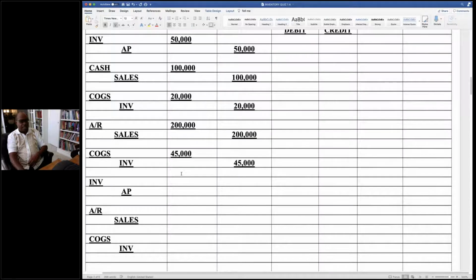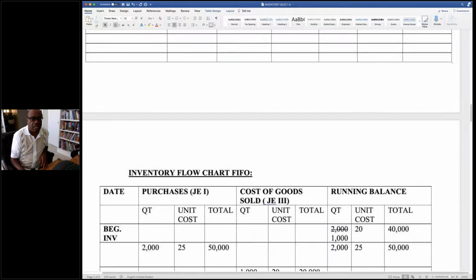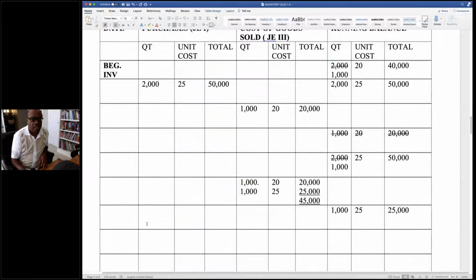Okay, we purchased 4,000 at $30. How much is that? 120. And let's go ahead and put that in the chart. Purchase 4,000 at $30.